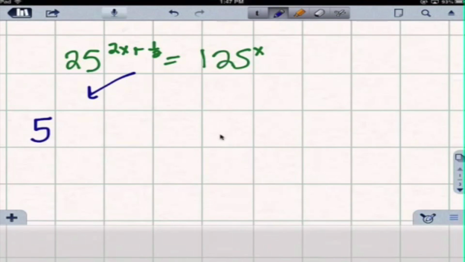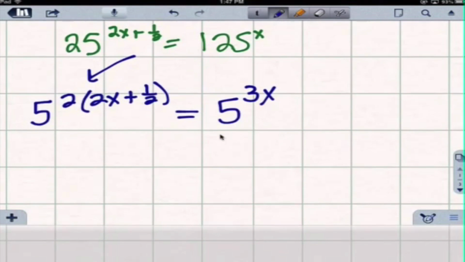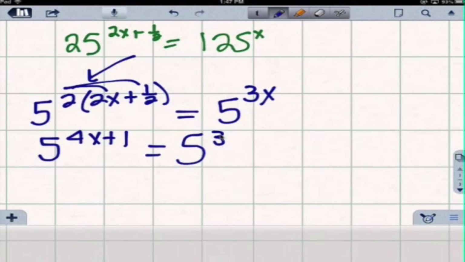I know that I can write 25 as 5 squared to the 2x plus 1/2 power, and I can write 125 as 5 cubed. To be honest, if I recognize this, I actually think this is probably the easiest way to solve this. So I have 5 to the 4x plus 1, because I have to distribute that 2, equals 5 to the 3x.